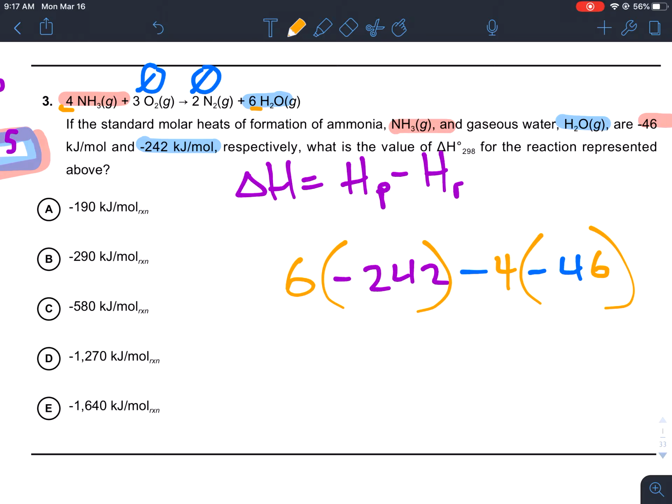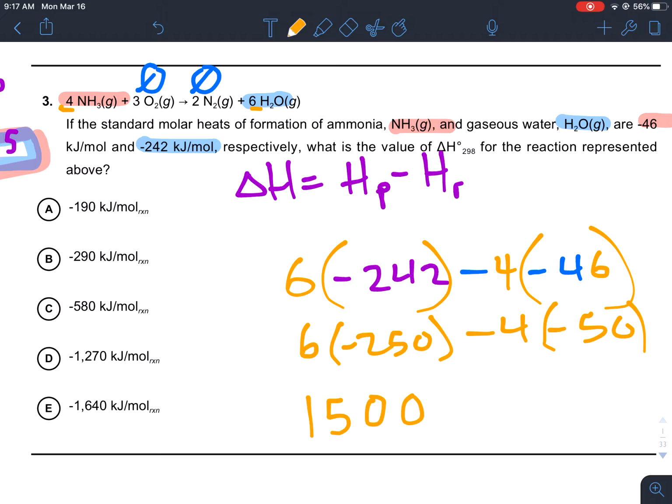Okay, so now remember, this is the AP exam and this is a multiple choice question. This is non-calculator. So I end up estimating this at negative 250 minus 4 times negative 50, right? 250, what's 6 quarters? That's $1.50, so this is 1,500, and that's negative.